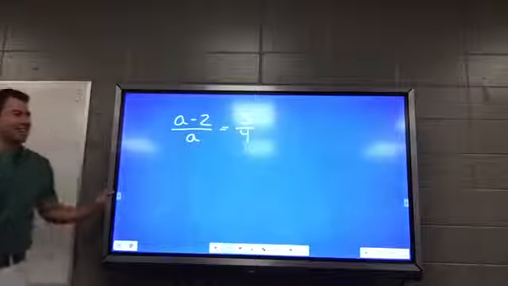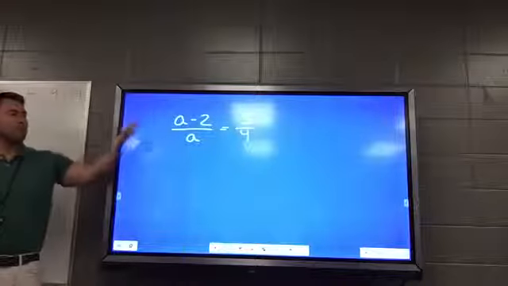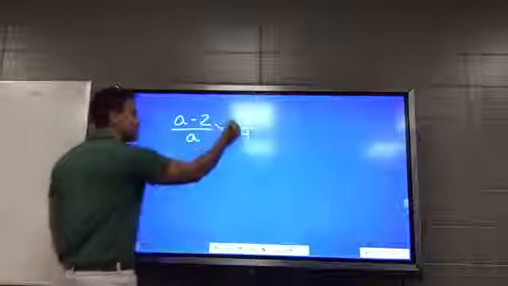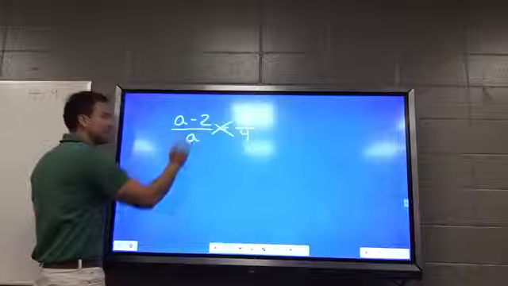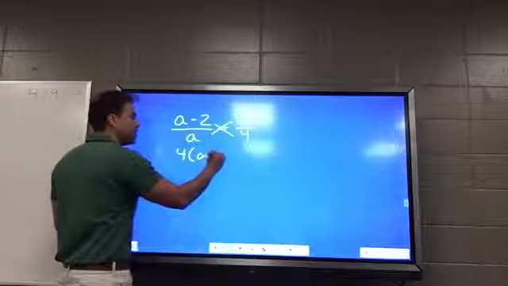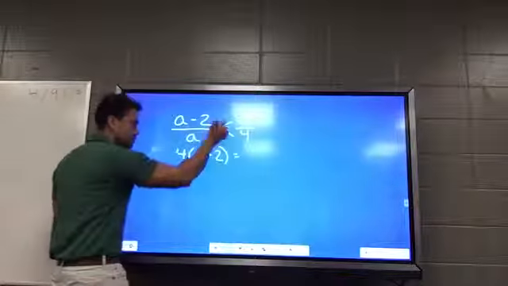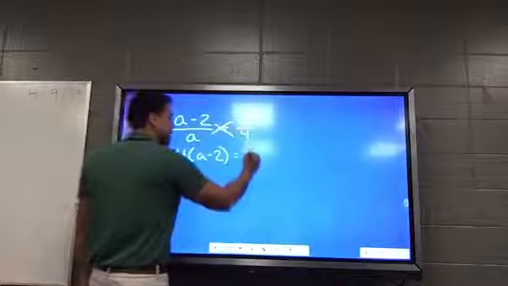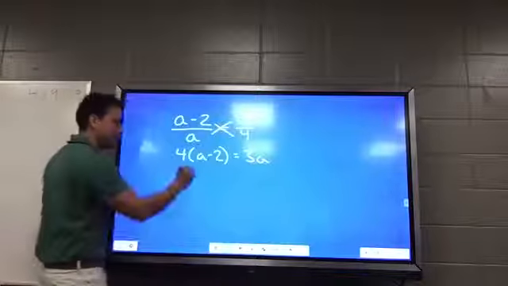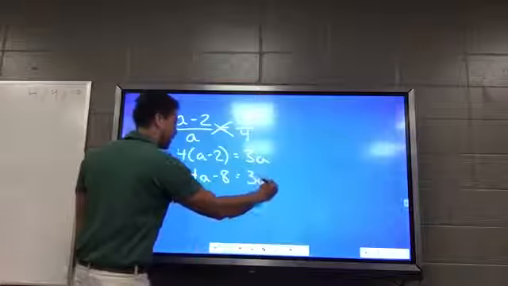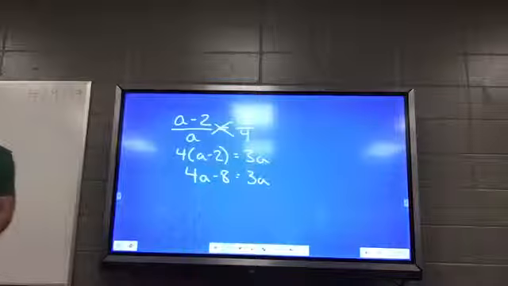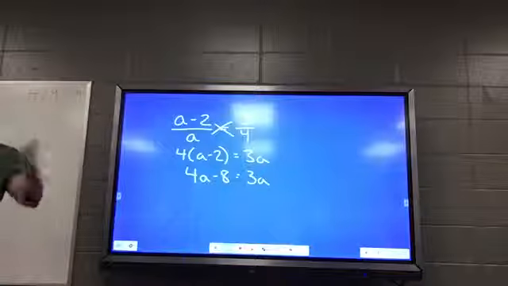All right. Do we have a proportion up here? Yes. So can we cross multiply? Yes. We're going to do 4 times a minus 2, and you can go ahead and distribute that. 3 times a is 3a. So then you get 4a minus 8 equals 3a. Then solve for a. Again, you could do this your way. Try to do it a different way.